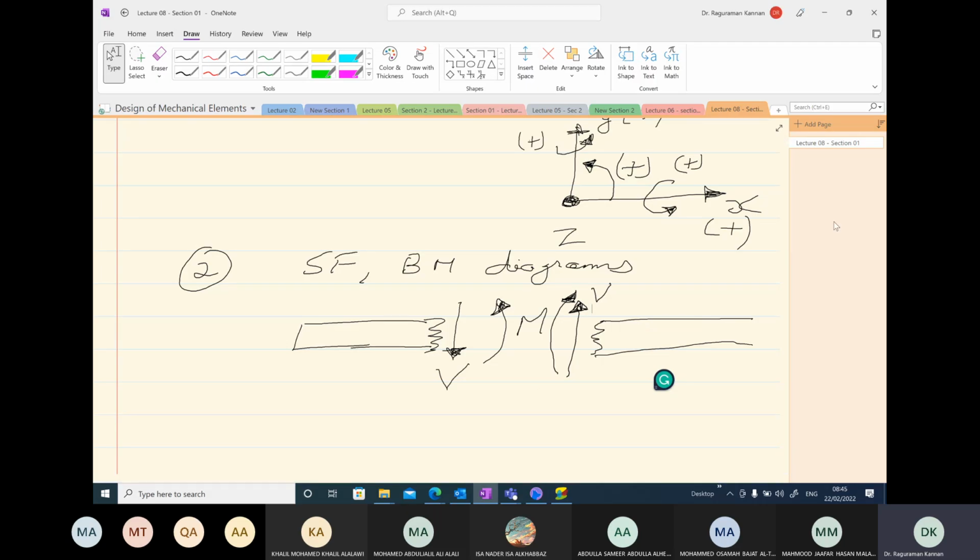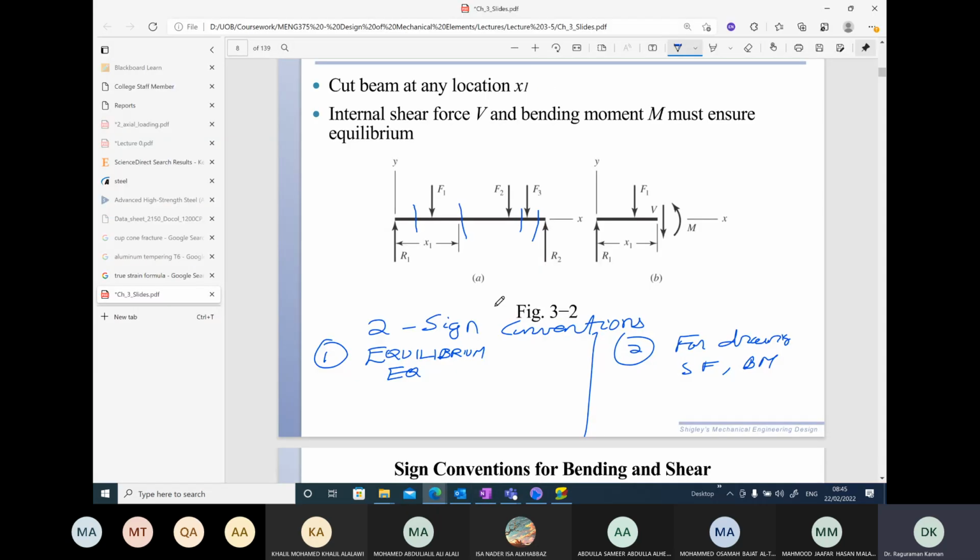This is the positive sign convention for drawing your shear force and bending moment diagrams and representing the internal shear force and internal bending moment. Stick to this sign convention as a standard. So these are the two sign conventions.